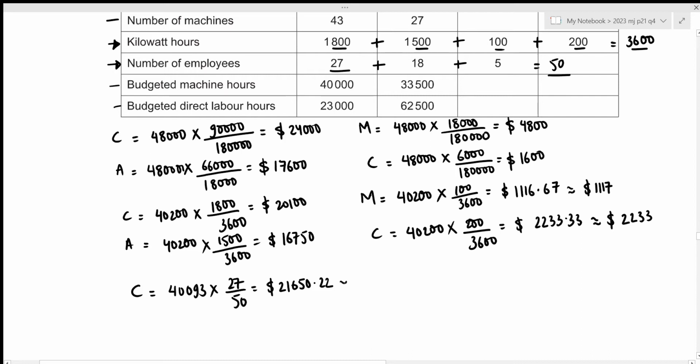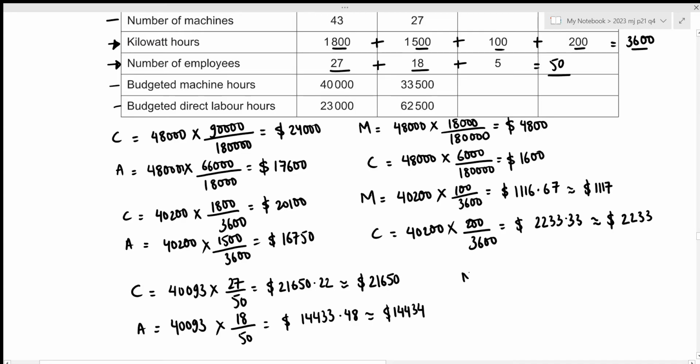For the ease of our calculation, we can just round it off as 21,650. Now for assembly department, that's going to be 40,093 multiplied by 18 divided by 50. This results in the value of 14,433.48. Again, for the ease of our calculation, we can just round it off as 14,434.